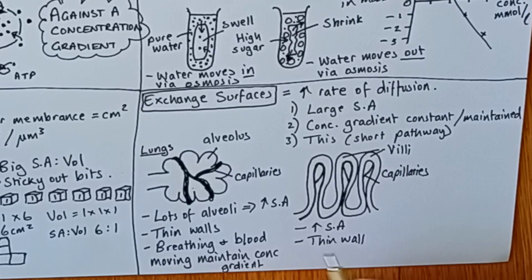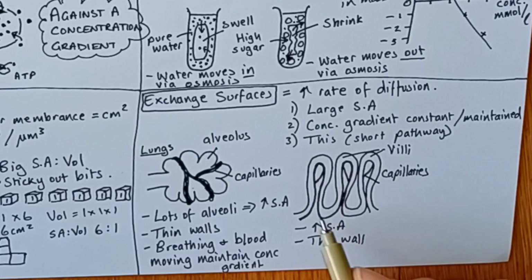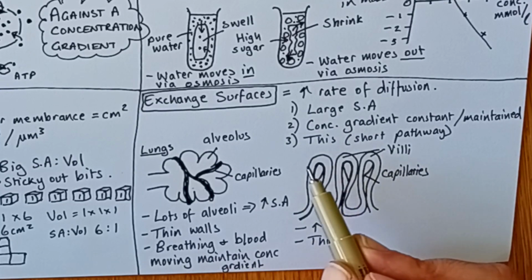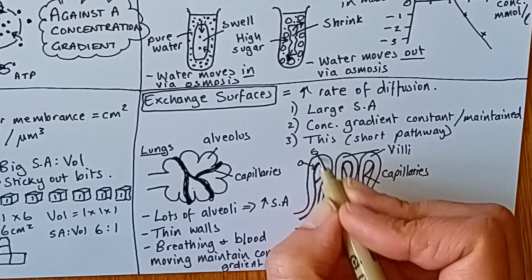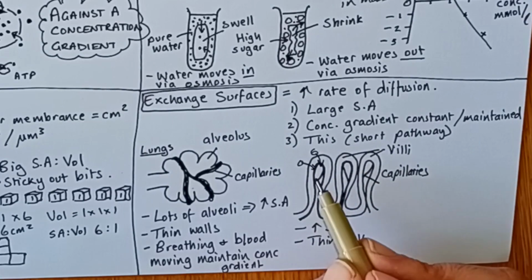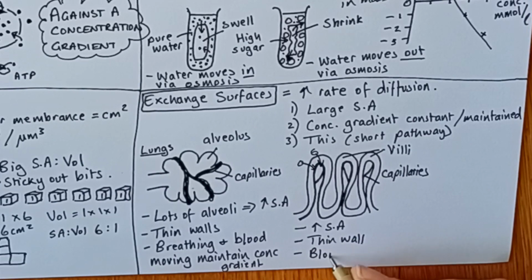And again, we've got a good blood supply, and that blood is moving the food away. So this time the villi, sorry, I didn't say what the villi did. They're taking in digested food, so they're taking in sugar and amino acids. This is the inside of your intestine. They're going into the blood, and that blood is carrying it away, so it maintains the concentration gradient. I'm just going to put keeps concentration gradient.